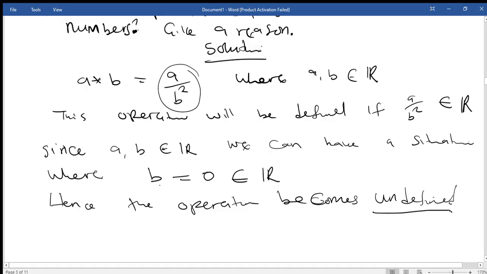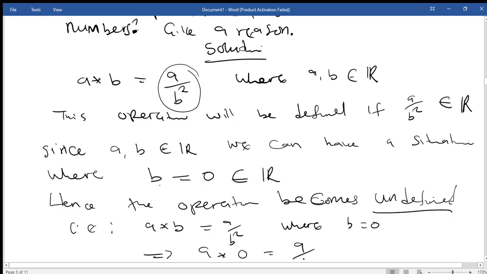Such that, let's say, if we have A star B, where B is equal to 0, we'll have A star 0 equals A over 0 squared, which is equal to undefined.